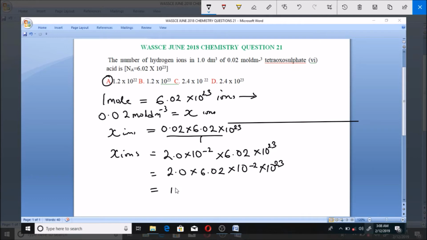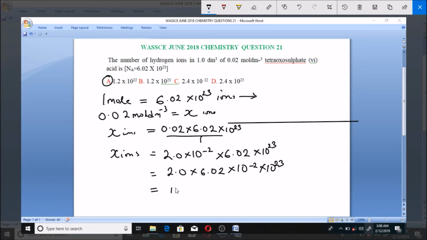So making X the subject of the formula, you cross multiply so that you have X equal to 0.02 times 6.02 times 10 to the power 23 all over 1. So instead of having 0.02, if you change this to standard form, you have 2.0 times 10 to the power minus 2. Now you bring down this 6.02 times 10 to the power 23.